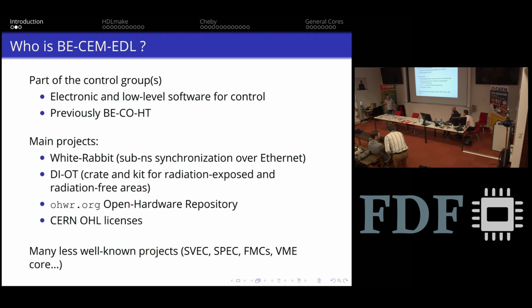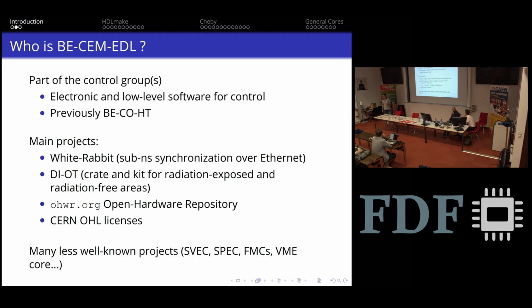We mostly do hardware and low-level software for the part of the control group which is in charge of general synchronization of the accelerators, of the control for the accelerators, and we also do a lot of drivers and general boards for the accelerator domain at CERN.